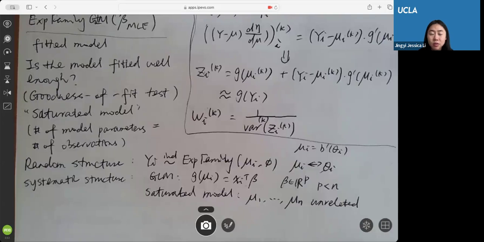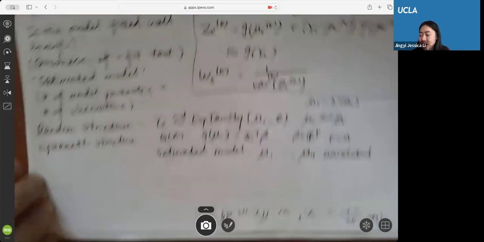And then what is your estimate? Each mu_i is its own parameter, and you have just one observation about it, that's y_i.